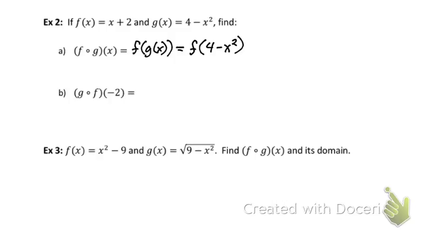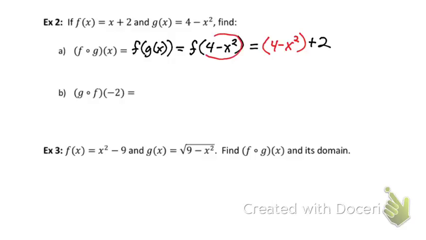I am now taking that entire 4 minus x squared and plugging it in for every x that appears in f of x. So this is my new input. So instead of the x, I'm going to take that whole thing and plug it in for those x's. So we are going to have 4 minus x squared plus 2.